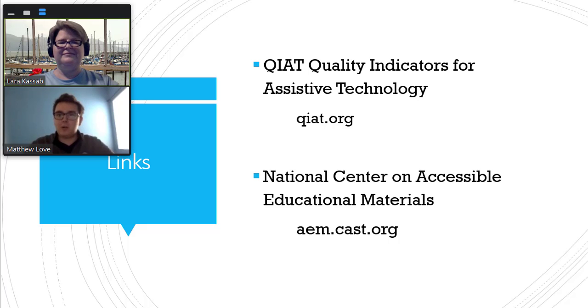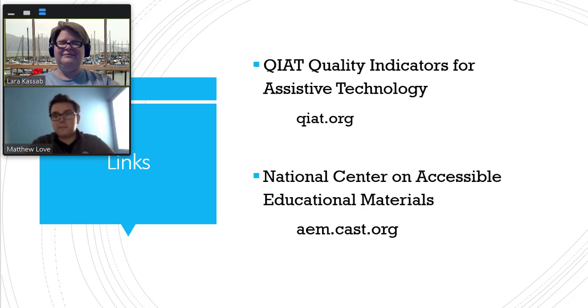The first one is the QIAT List. It's quality indicators for assistive technology. It's at qiat.org. And that's almost like a social media platform of sorts for educators interested in using assistive technology in their classroom. So it brings together educators, administrators, and researchers in the field of assistive technology.